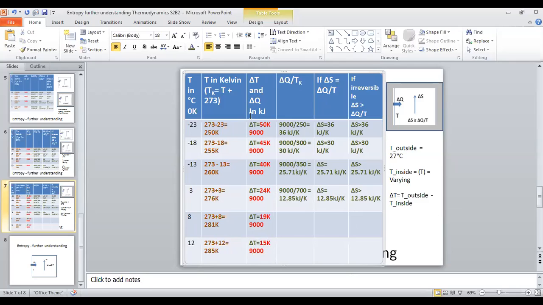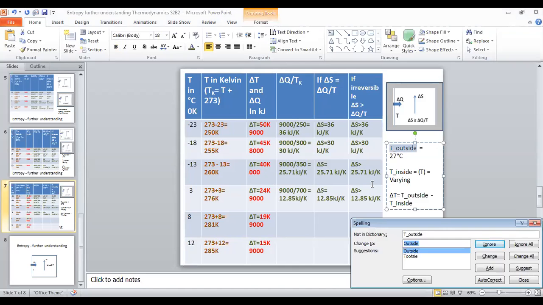So when your delta T is different, your Q value is dropping. I'm just taking this as a case study. This is 8,000. Surely, when your delta T is less, your delta Q is less too.